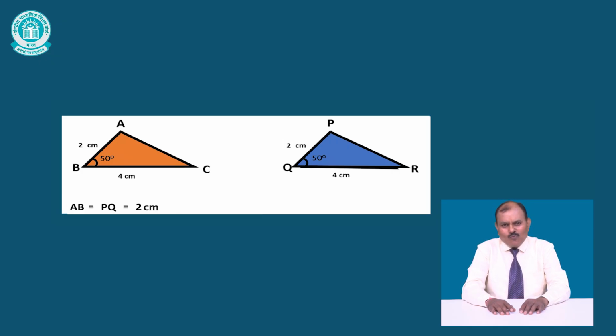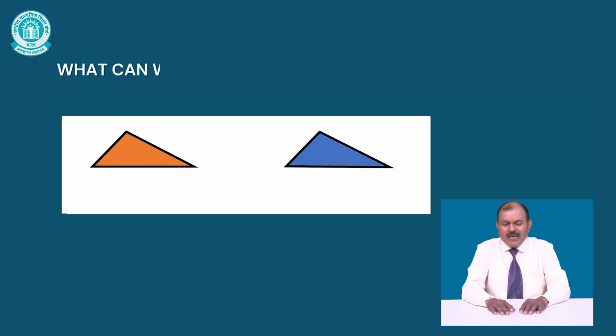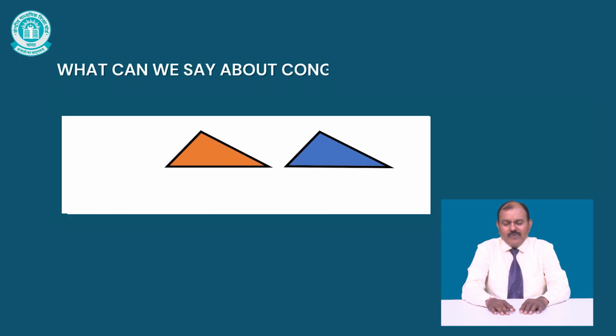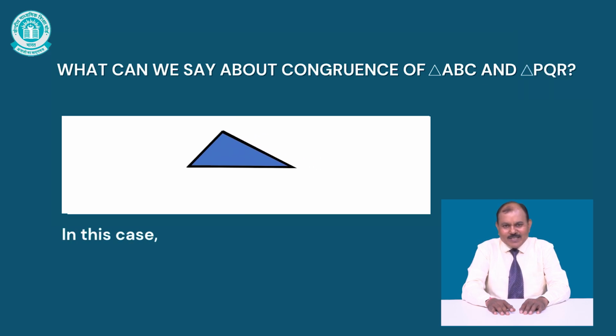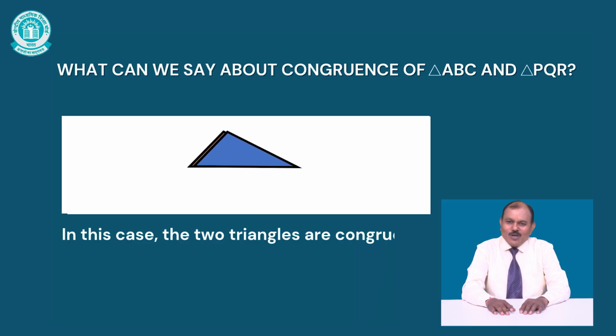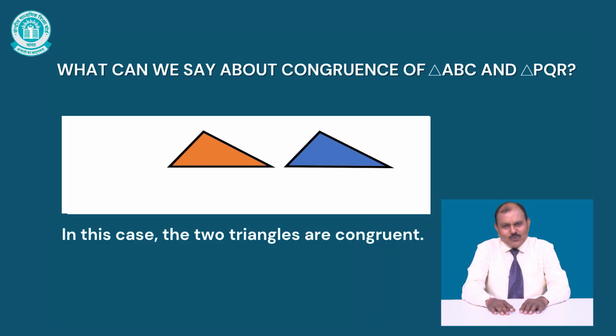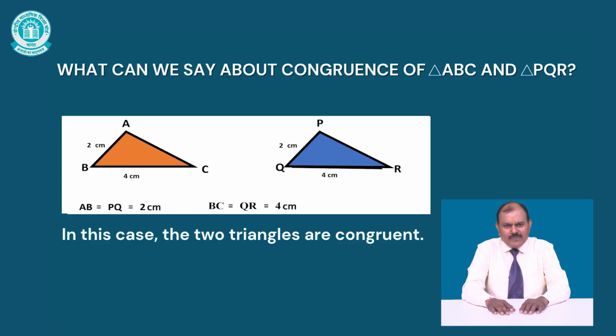Now, what can we say about congruence of triangle ABC and triangle PQR? In this case, the two triangles are congruent. The equality of two sides and the included angle is enough for the congruence of triangles. This is the first criterion for congruence of triangles.